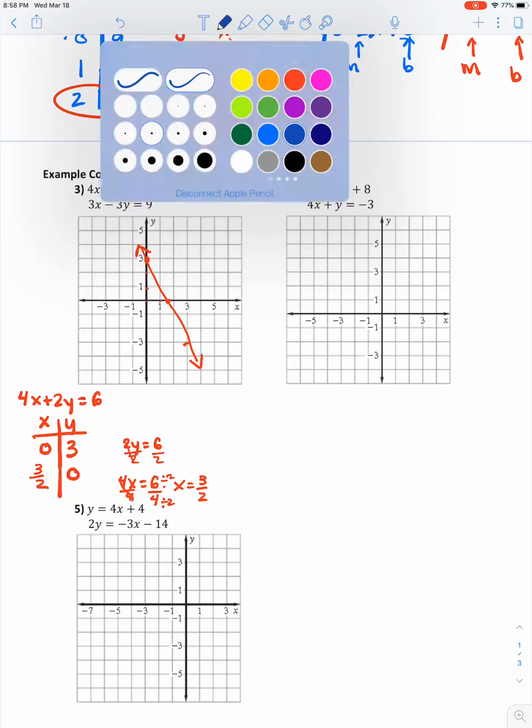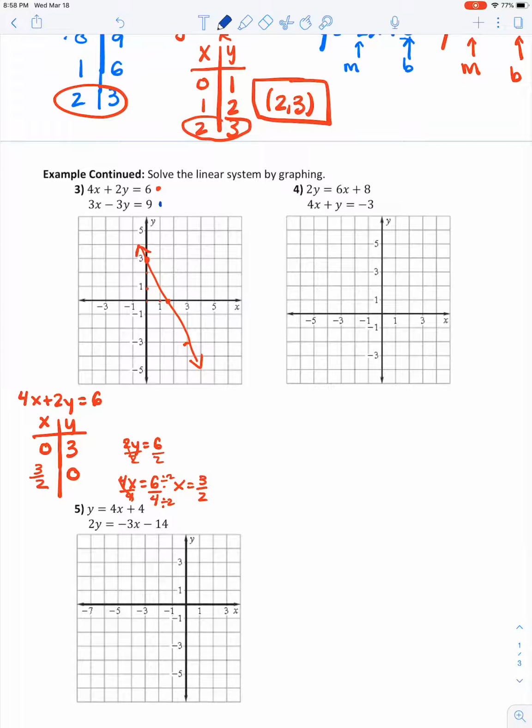Now I'm going to do the other equation in blue. We have 3x minus 3y equals 9, making an xy table. Plugging in 0 for x, so then we would have negative 3y equals 9. Dividing both sides by negative 3, y would be negative 3.